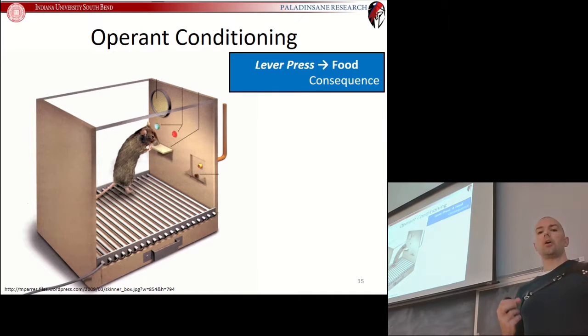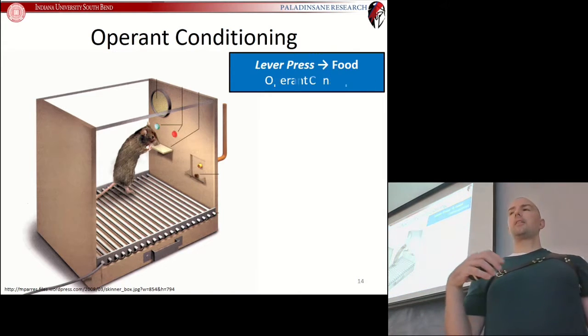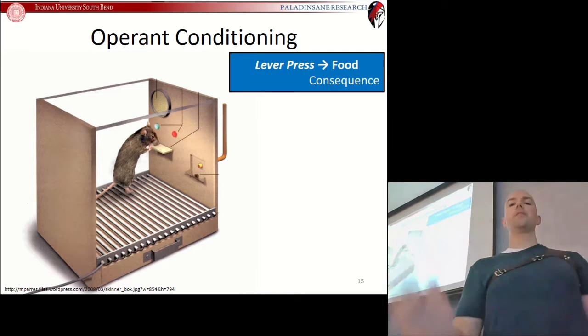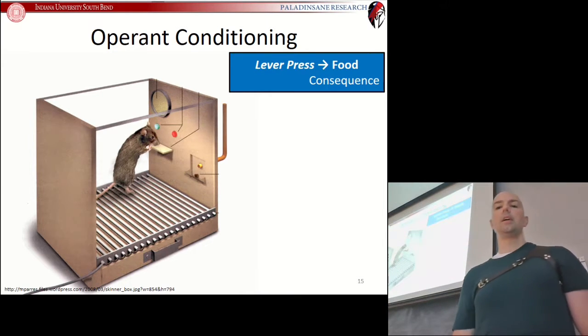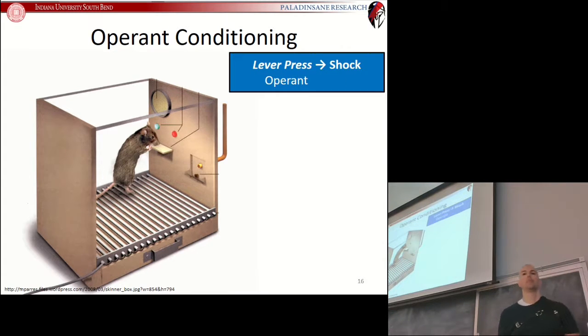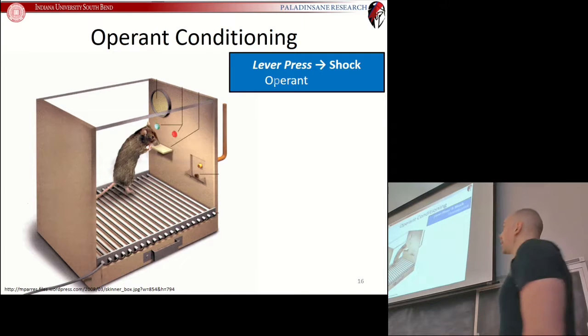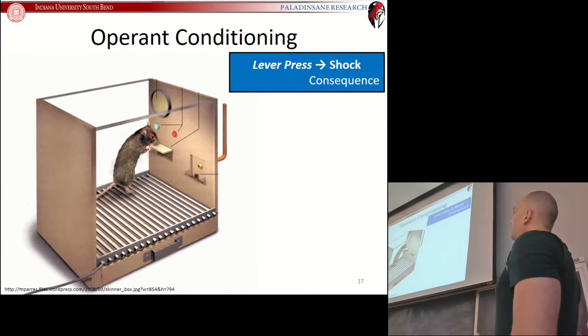And food is the consequence. So lever press causes food. Lever press is the operant behavior. Food is the consequence. And the behavior can lead to different consequences. So the lever press, the operant, might lead to the consequence of shock. And in that case, shock, again, is the consequence.